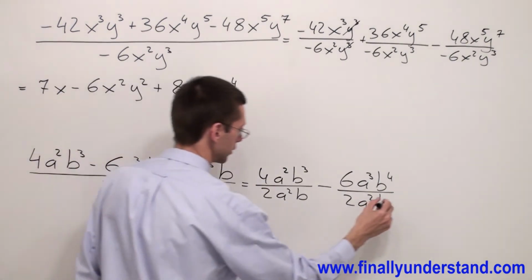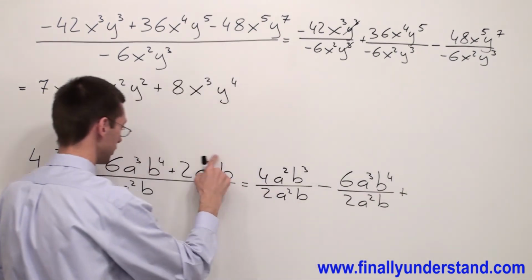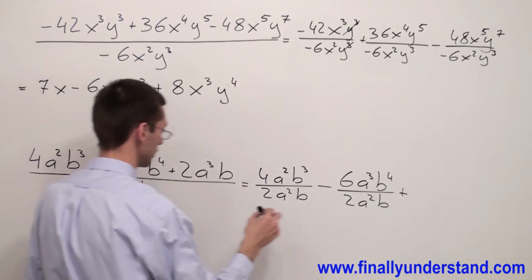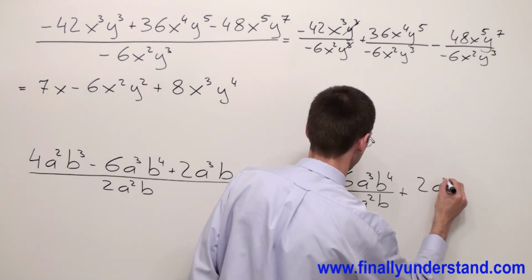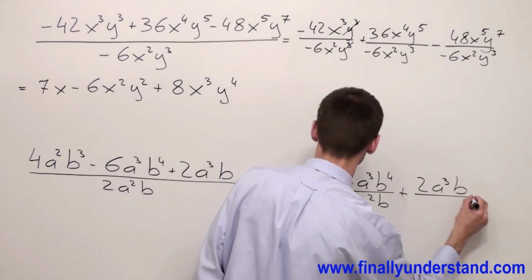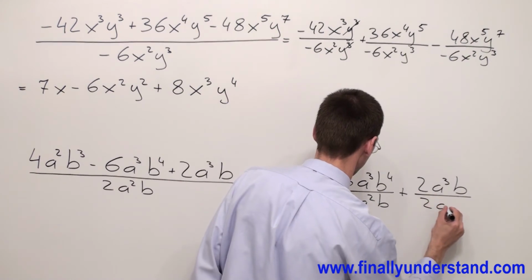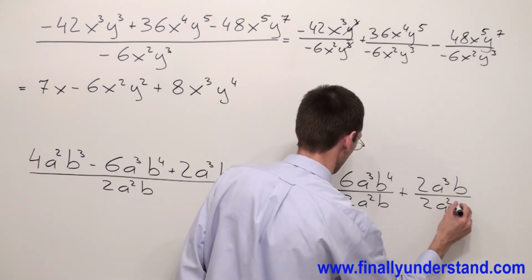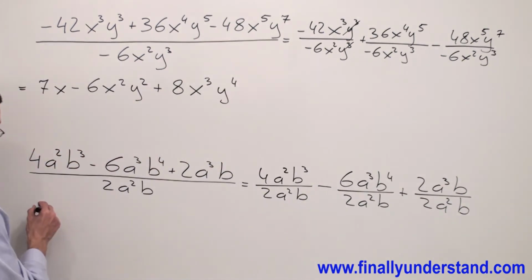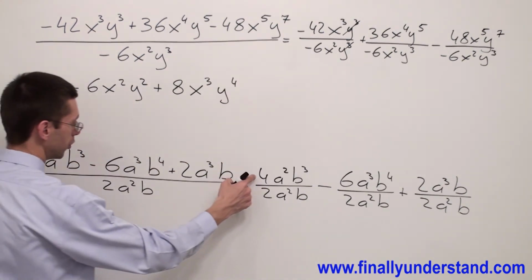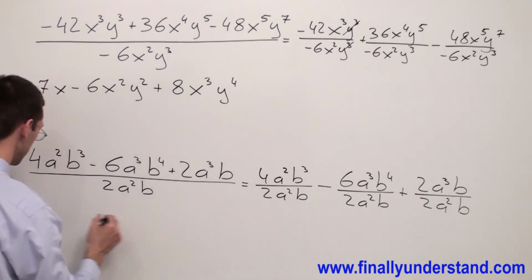plus, I have to divide this term by this one. I have 2a to the third b over 2a square b. 4 divided by 2 is 2.